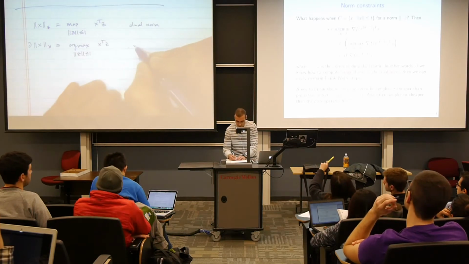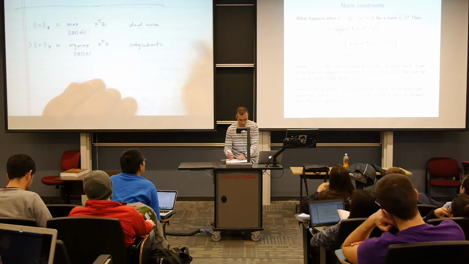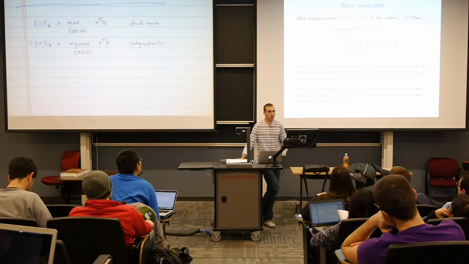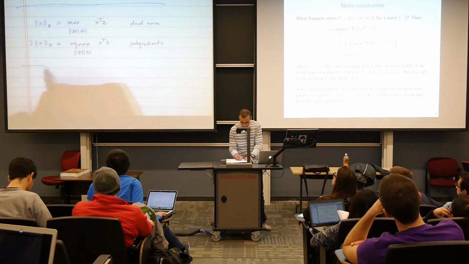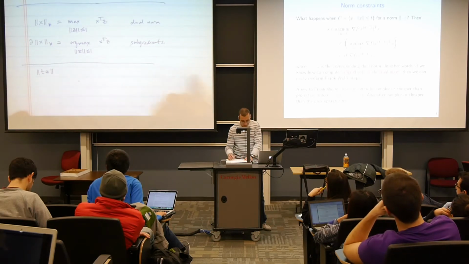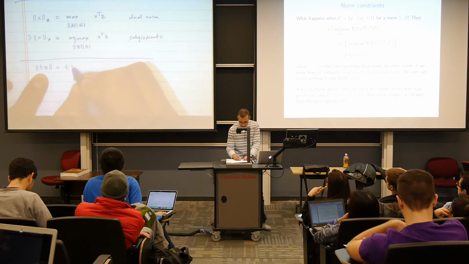Where you're going from having t in the constraint of s and having it in the objective function, can we always do that? Like rescaling the constraint set and rescaling the objective function by the same factor? It depends. In principle we could, but it depends on whether that's analytically tractable. Here I'm just using the property that if I take the norm of t times z, if t is positive, that's just t times the norm of z.